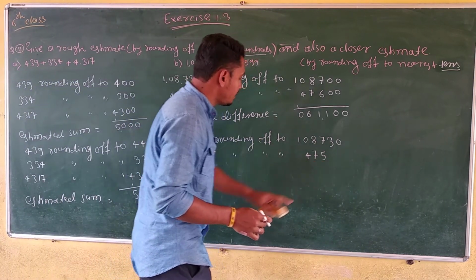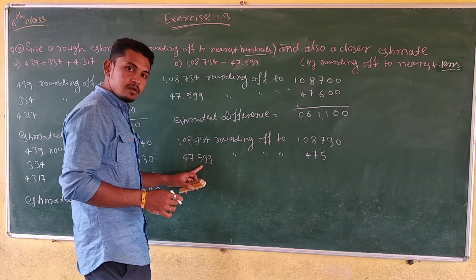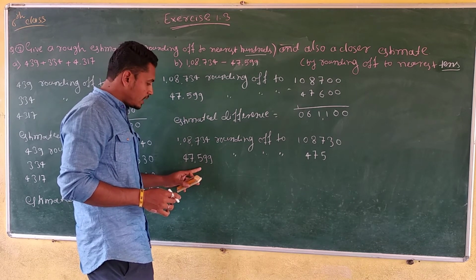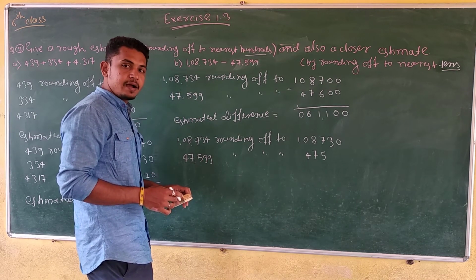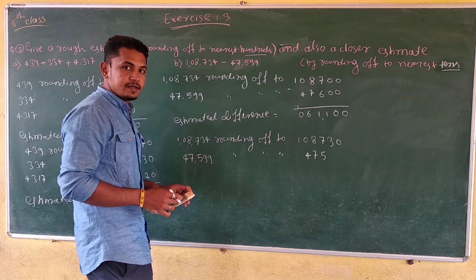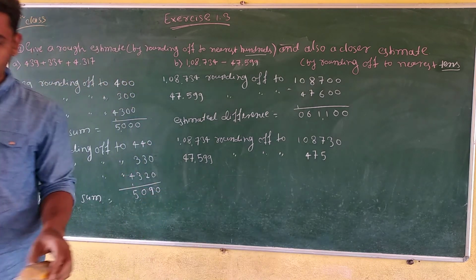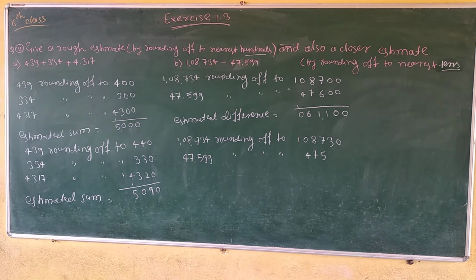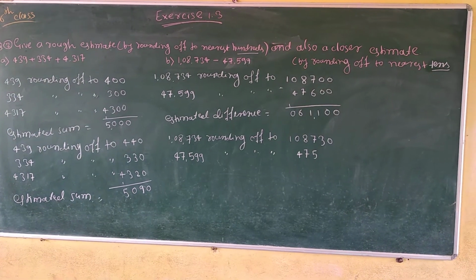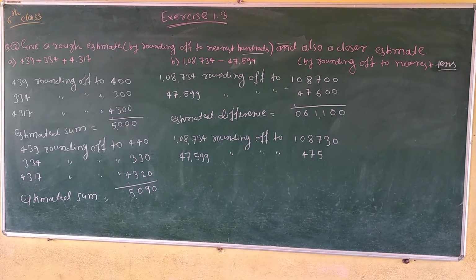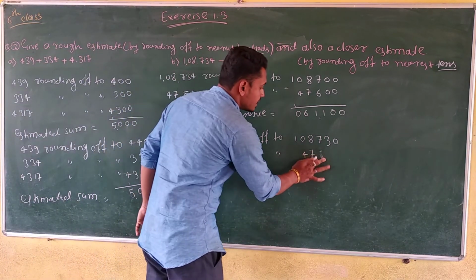So 100 plus 500 becomes 600. Now we have to write here 600.